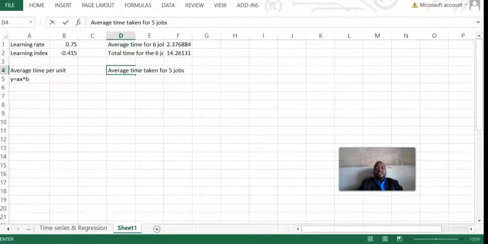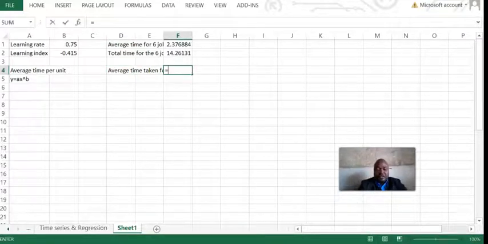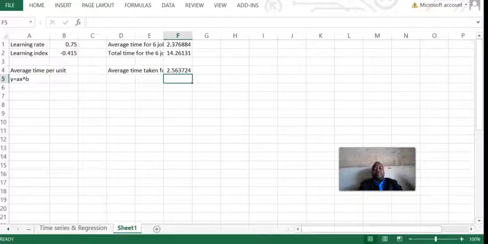The average time taken for 5 jobs is going to be equal sign, time taken to do first job, 5 hours, multiplied by 5 jobs, to the power b, and we get that much.